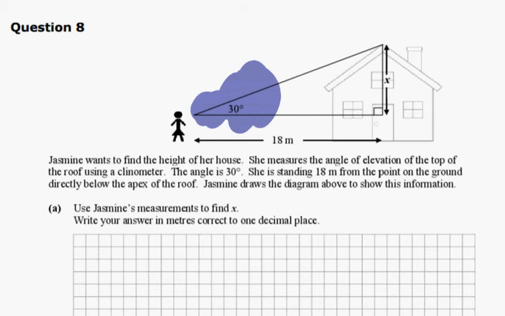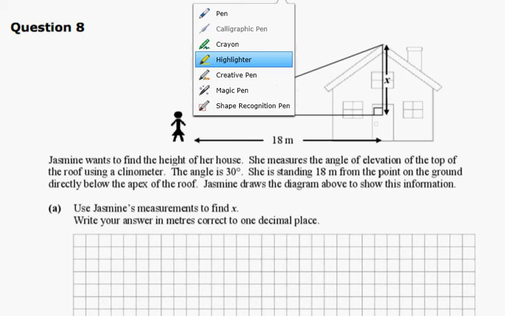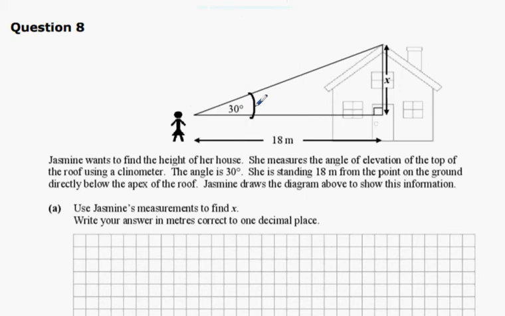Well, that's a bit weird. Let's try this again. Just there, isn't it? The triangle. Now, with this triangle, what two sides do we know? We know the adjacent, and what are we looking for? Okay, O and A. Which one are you going to choose?